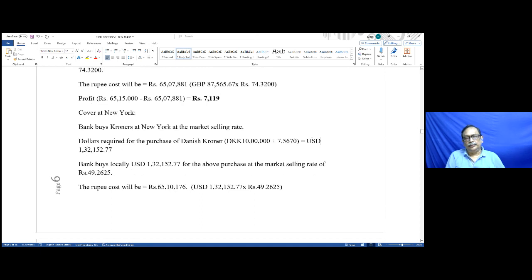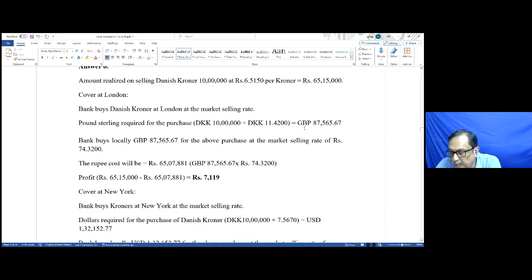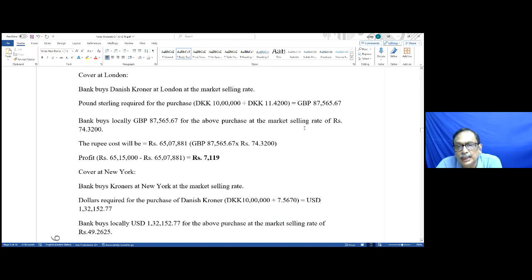Now, cover at New York. Bank buys kroner at New York at the market selling rate. Dollars required for the purchase of Danish kroner, DKK 10 lakhs divided by the exchange rate given, that is 7.5670.